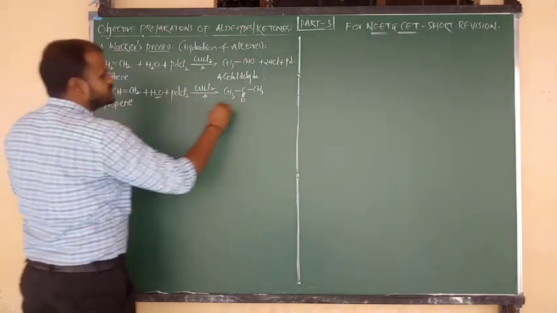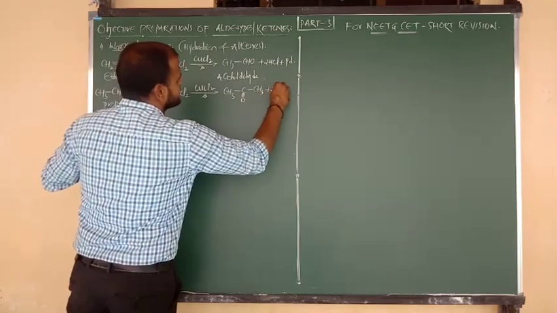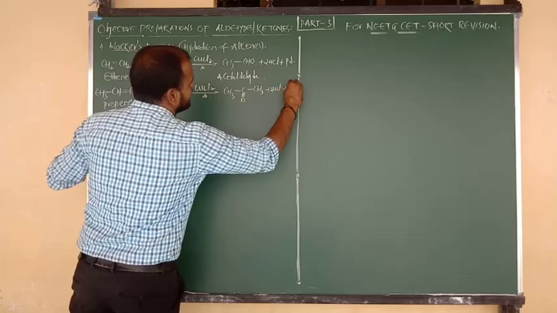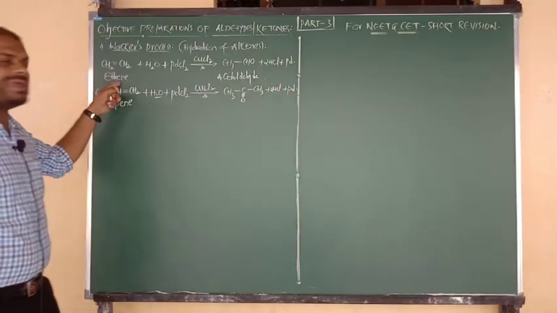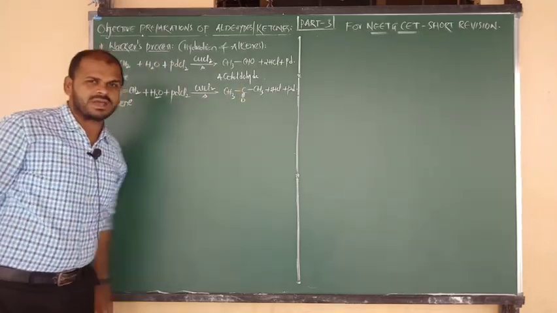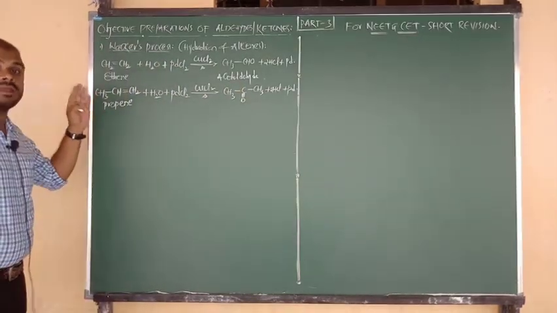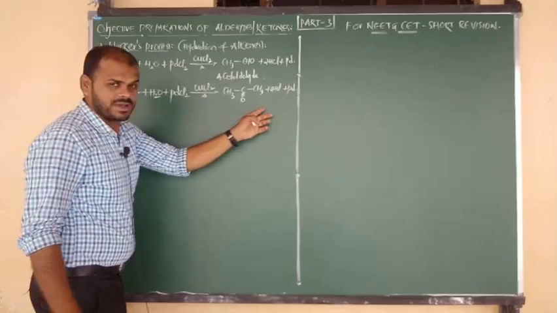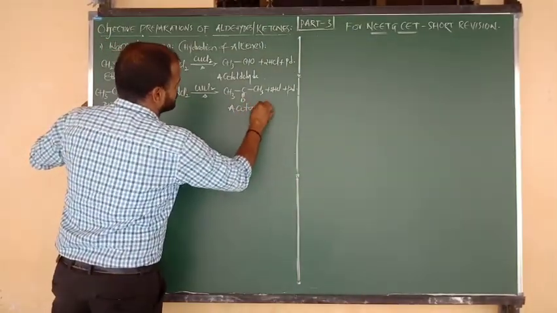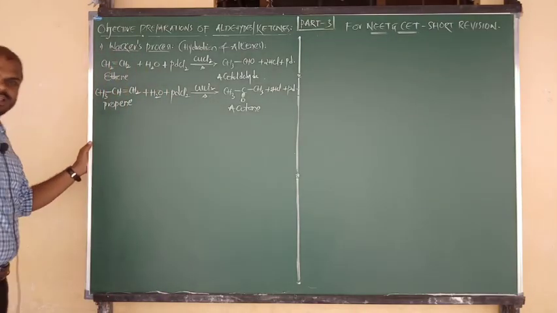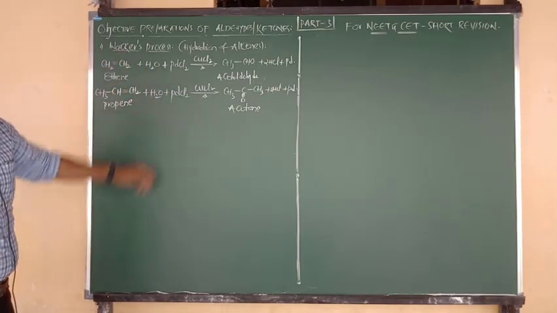The remaining two hydrogens and two chlorines, the byproducts are the same here, 2 moles of HCl, and one more is palladium. Symmetrical alkene, ethene, upon Walker's process gives aldehyde. Unsymmetrical alkene, propene, upon Walker's process gives ketone. The name is acetone, CH3 C double bond O CH3. This is your Walker's process.